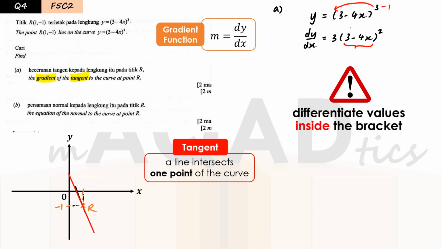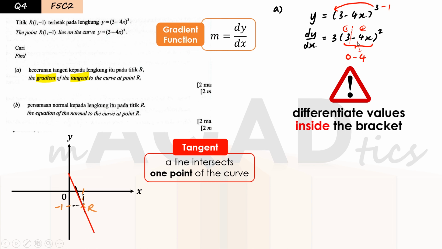So what I'm going to do here is split the things inside the bracket by its plus or minus. Here we differentiate two things, the 3 and negative 4x. So 3, if we differentiate, this 3 is a constant, so it will be 0. And negative 4x, there's an x only, so once I differentiate, there will be the value only, which is negative 4.